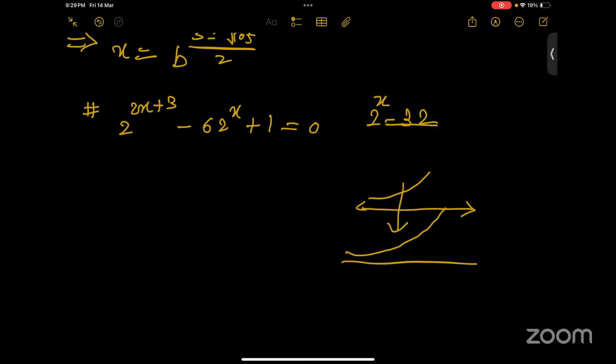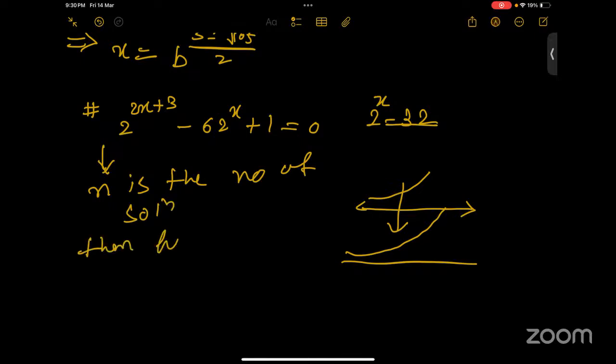The number of solutions of this equation is n. Find 4n. This is from PYQ possibly.